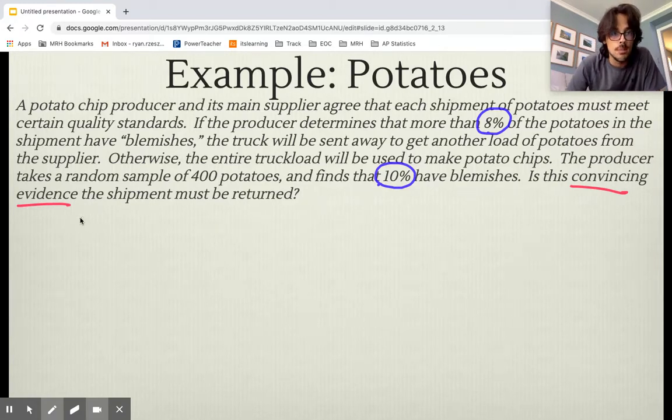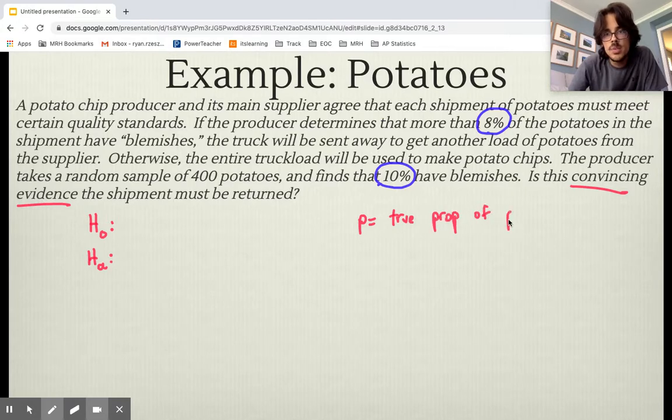So your first step is going to be to define your hypotheses and define your variable as well. The variable that we care about in this problem is going to be P. It's a percent problem. P is going to be the true proportion of potatoes in the truck with blemishes.